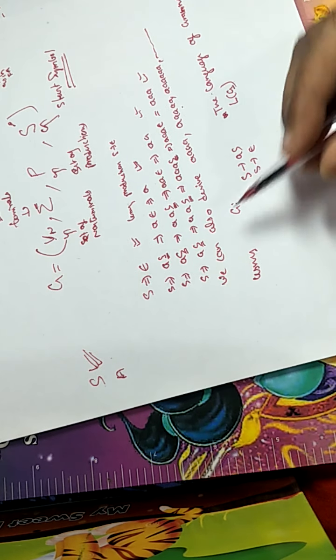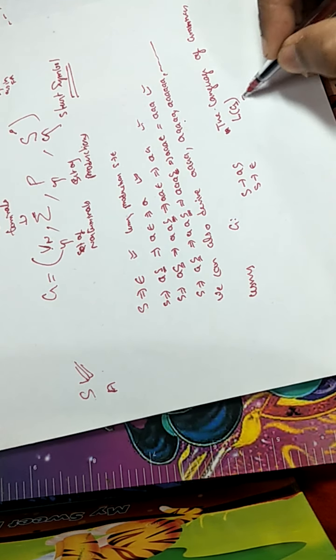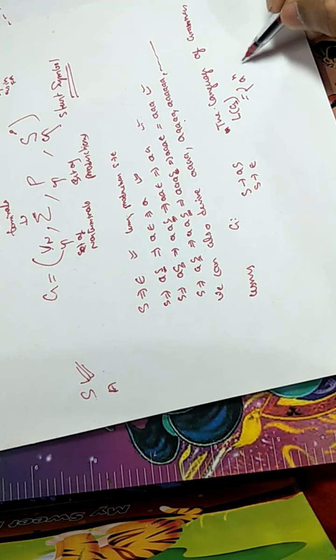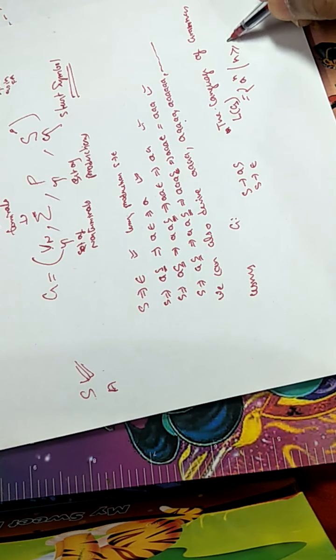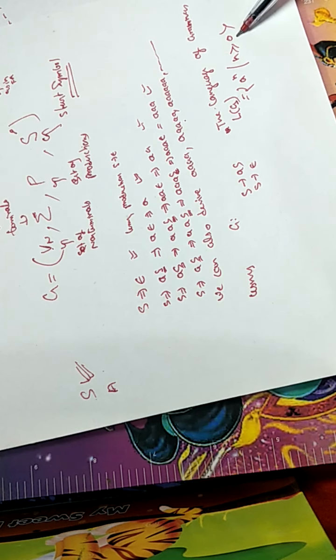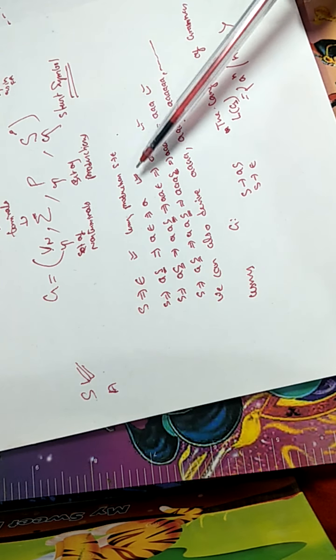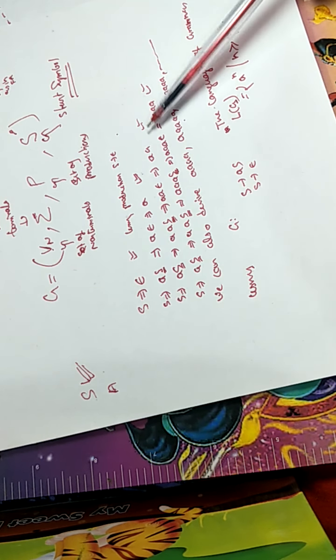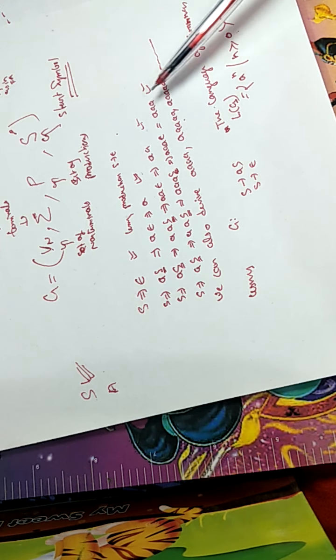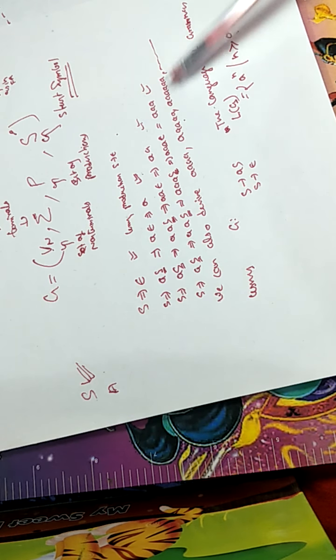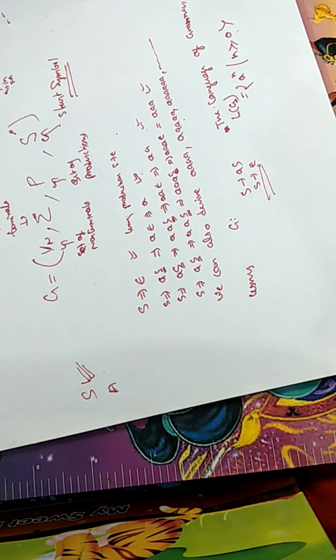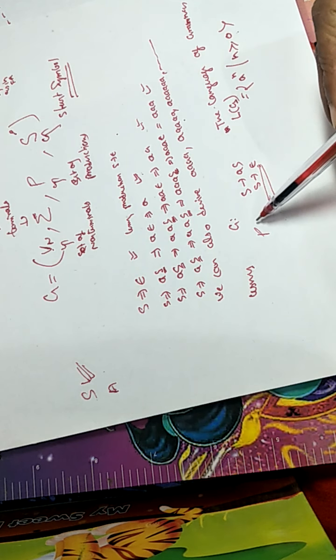Language of grammar G is a to the power n, where n is greater than or equal to 0. So when we put n equal to 0, we will derive epsilon. When we put n equal to 1, we will derive a. For n equal to 2, we will derive double a. For n equal to 3, we can derive triple a, and so on. So this is known as the language that we have derived using this grammar and its productions.